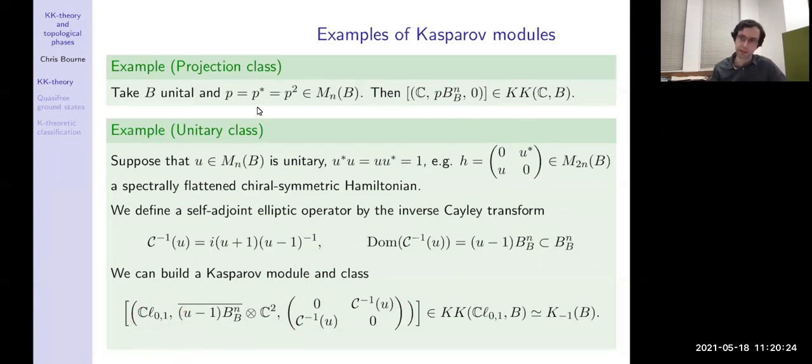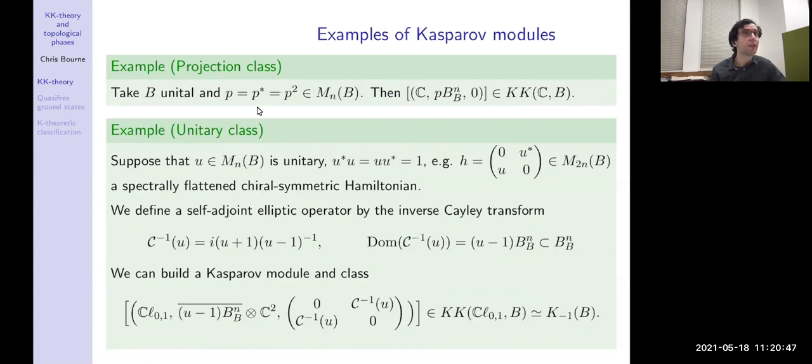So you're just using the Pauli matrices. So this will give us a class in KK Cliff 0,1 of B, and that is the same as the odd K-theory of B. And again, this is how you map between unitaries and Kasparov modules in general.